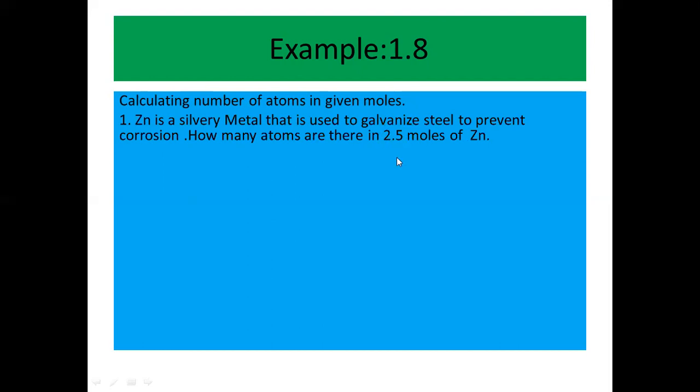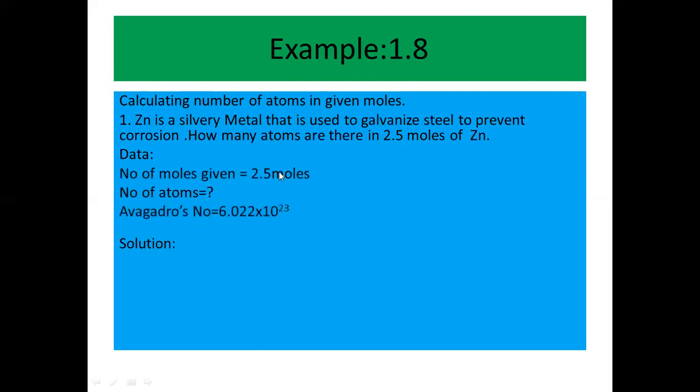Moles are given and they ask about the number of atoms. So we will use the formula. Number of moles are given, which are 2.5 moles. Number of atoms we have to find out. Avogadro's number, I told you, you have to learn the value 6.022 into 10 raised to power 23. The formula which we have to use is number of atoms is equal to number of moles into Avogadro's number.